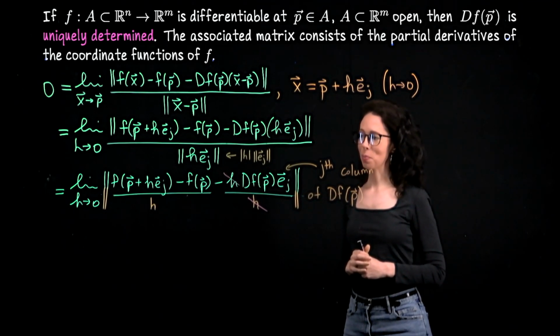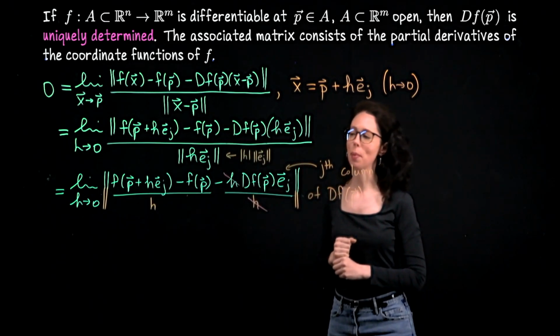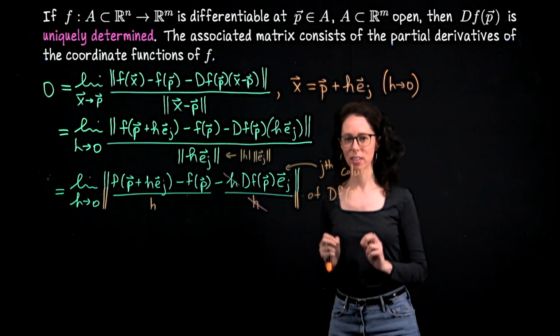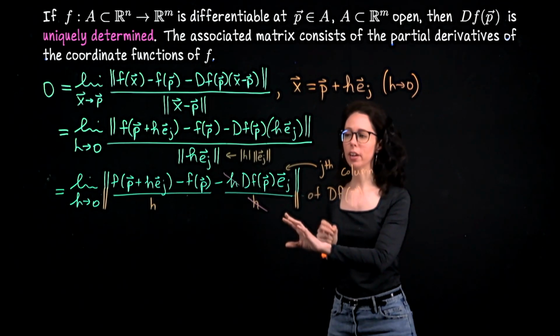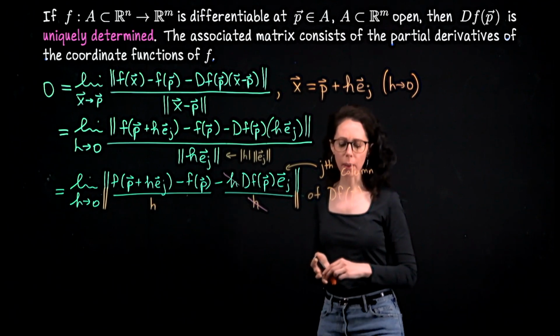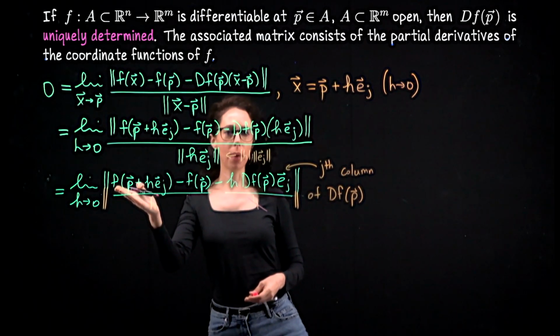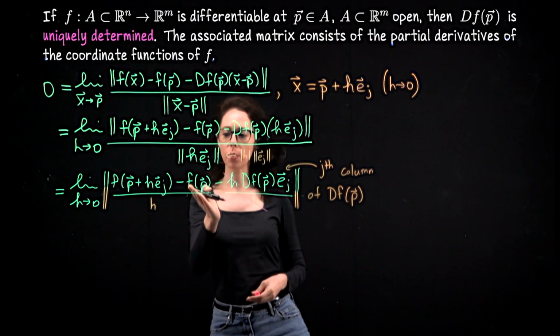Looking at this first expression, you might be tempted to say, hey, that's partial derivative. We just talked about that. But it's not quite, because f here is potentially vector valued if we're working in generality. So let's talk about dimensions for a second. This is an m by 1 column vector, so is this one.